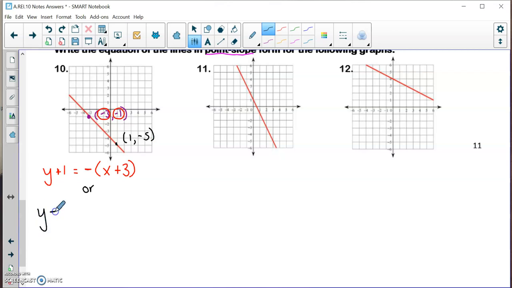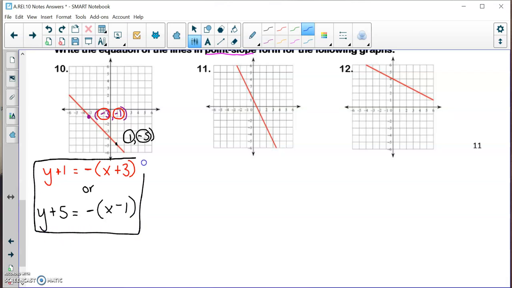Y minus the y value of the point that you chose, which y minus a -5 would really be y plus 5, equals your slope, which was -1, times x minus the x value of the point that you chose. Now, I'm not requiring you to have multiple equations, but I wanted you to see that both of these equations look very different, but they both are correct.